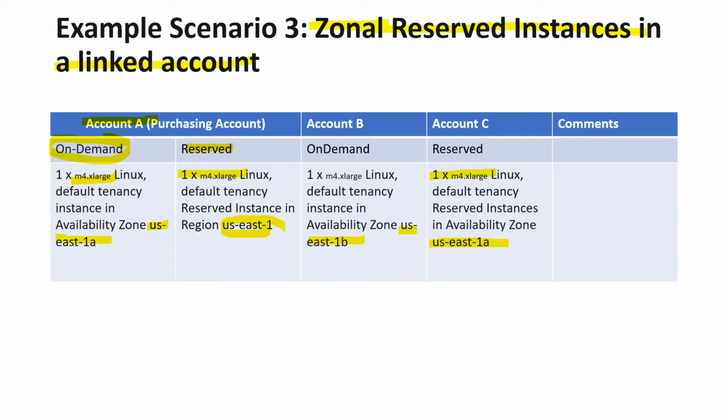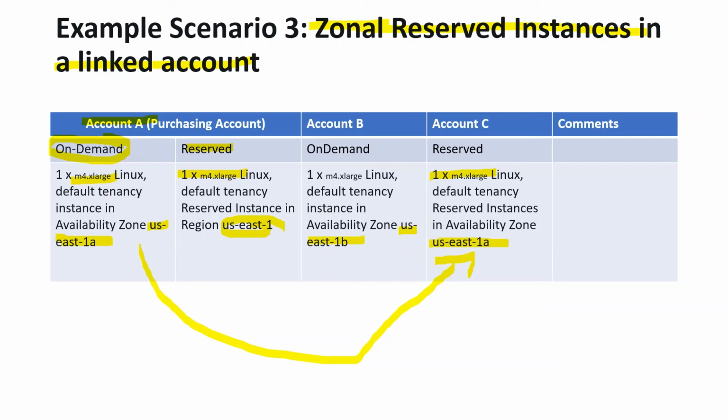As you know, if it is reserved on a zone, then it will be applied only to that particular zone. In this case, on account A, you have the instance running in US East 1A, and you have an equivalent reserved instance on account C. Because nothing else is running in account C, there is no on-demand instance running, this can potentially be shared with the other linked account.